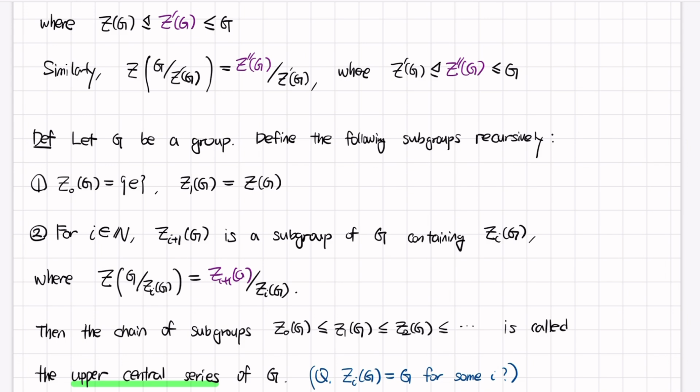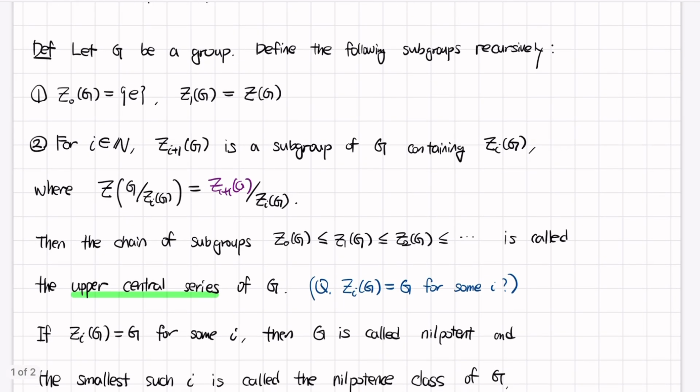Now, we might have a question: would there be some natural number i such that Zi of G is eventually the whole group G? From this definition, we don't know whether there is a subgroup like this, but if there is a natural number i such that Zi of G is equal to the whole group, then we define G as nilpotent.